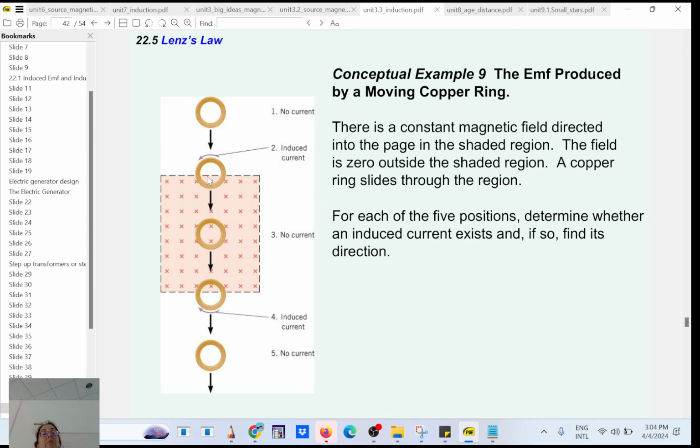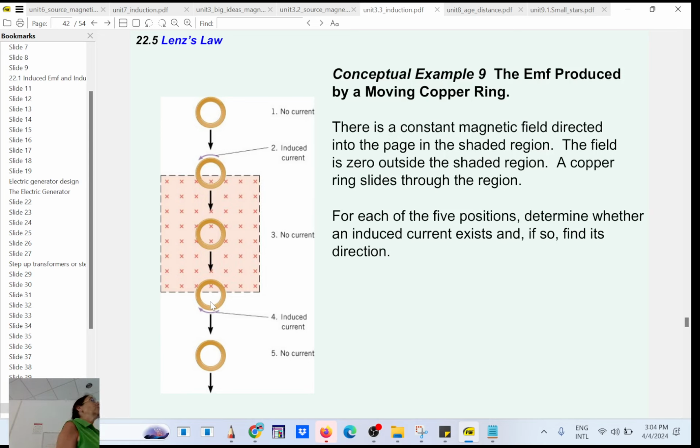Now what's going to happen to the number of field lines? It's going to increase, and it says no, I don't want you to increase. So the induced current will flow counterclockwise, opposing it. Then when it's falling inside, nothing will happen because the number of field lines is not changing. And when it's going to exit, is it increasing or decreasing?